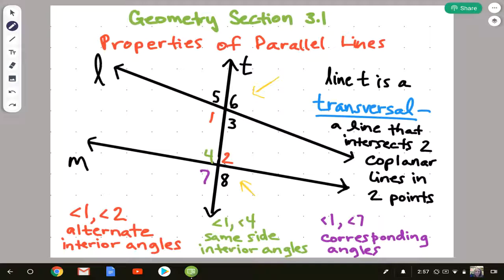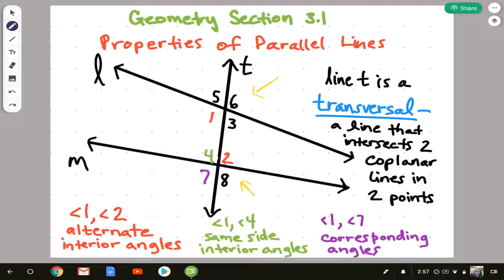That's where we get the word alternate. And then they're also inside the lines L and M, so they're on the interior of those lines. So the alternate comes from being on either side of the transversal, different sides, and the interior comes from being inside the lines L and M and not on the exterior. Okay, so those angle 1 and angle 2 are alternate interior.